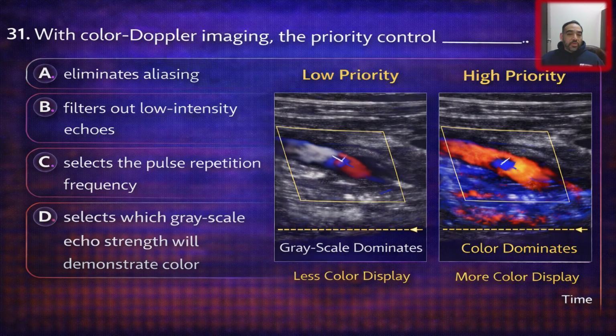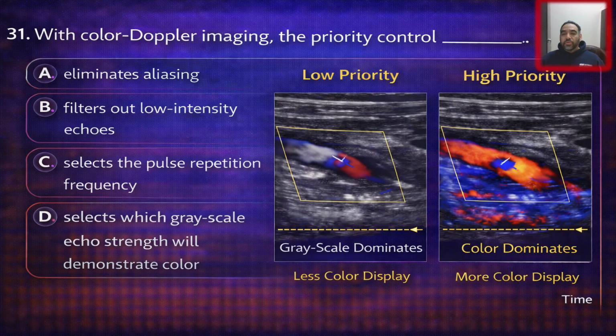Let's talk about the other answers. A says eliminates aliasing. Aliasing is controlled by the pulse repetition frequency, the baseline shift, and using continuous wave instead of pulse width. Priority has nothing to do with aliasing. B, filters out low intensity echoes, is more related to wall filter and gain adjustments.